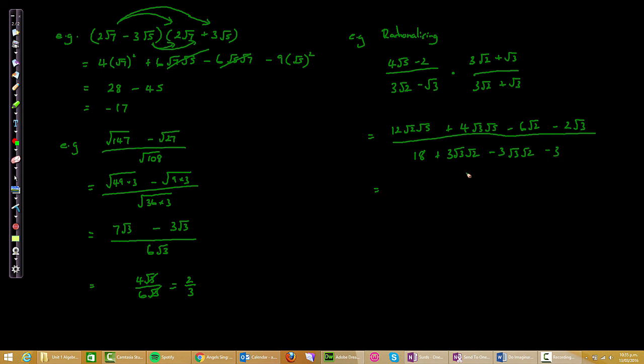Now that top line there, can we do anything much with that? We may be able to. This definitely can be written as root 10. That's root 15 if I want to put them together. I don't think we can simplify them though, so I'm going to leave them for now.